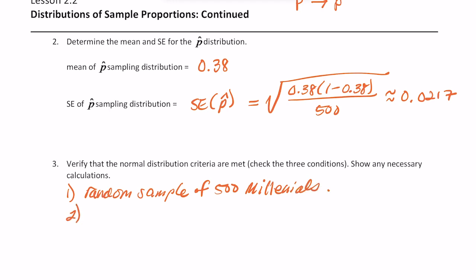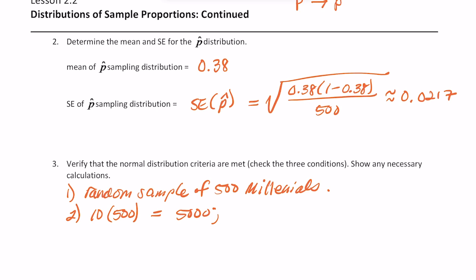So we're going to write that down. Okay, condition 2 was we needed to check the 10% rule, right? So we need to take the number 10 and multiply it by our sample size. Our sample size is 500. And when we do that, we get 5,000. So what we want to do is make sure that our sample size is not greater than 10% of the population.